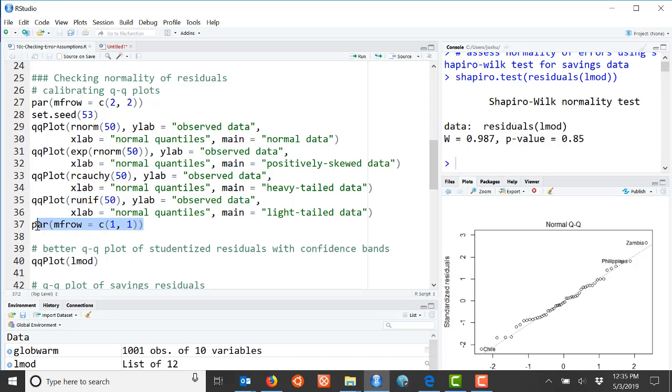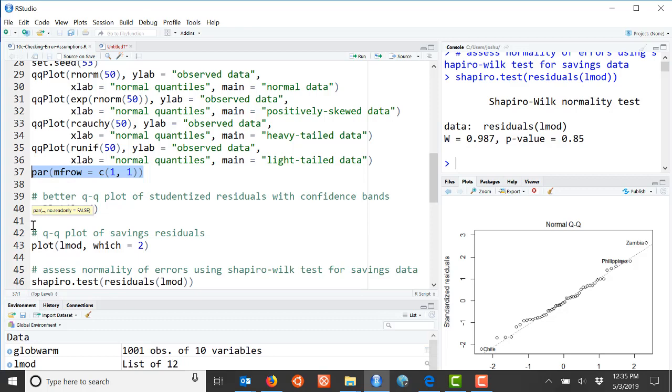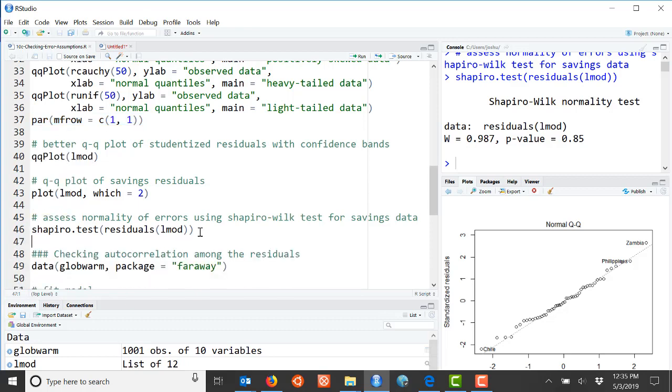Then I reset my graphics device to a 1x1 plotting grid. That's how I created the 2x2 set of plots, looking at how the QQ plot changed for different types of data. And then I have the 3 other functions I used to produce the other results we saw for the savings data that we've already interpreted.